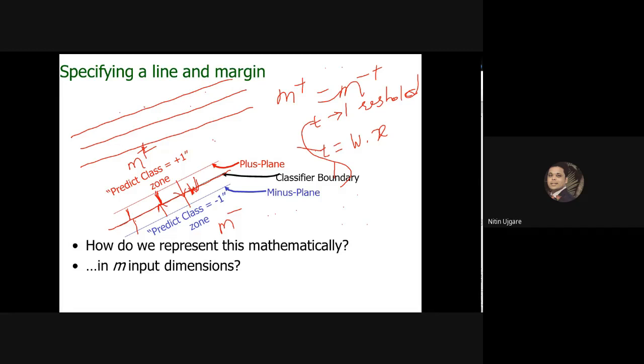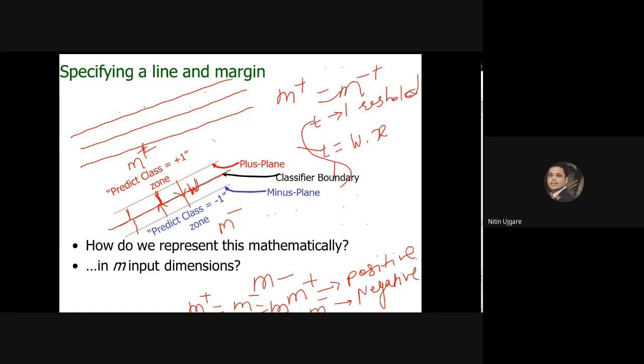Okay, so this m is actually the margin, whereas m plus is the margin on the positive class side, and m minus is the margin of the SVM on the negative class side, whereas m plus is equal to m minus, which is equal to m, right?